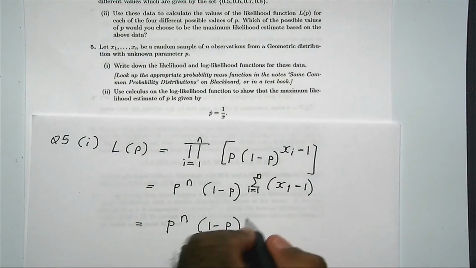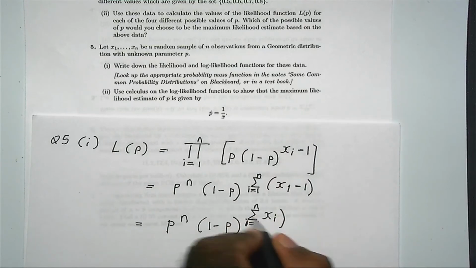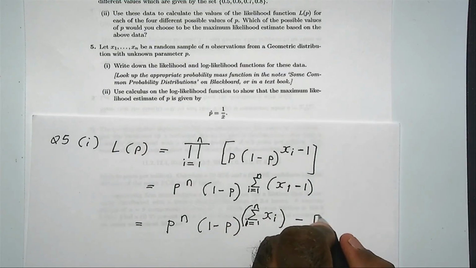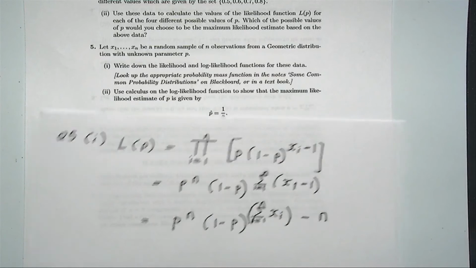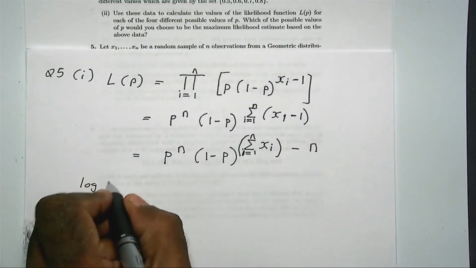Now this you can write as the sum of xi, i from 1 to n, minus the sum of 1, which is n. Okay, so this is the likelihood function. Now the log likelihood function is just the log of it.